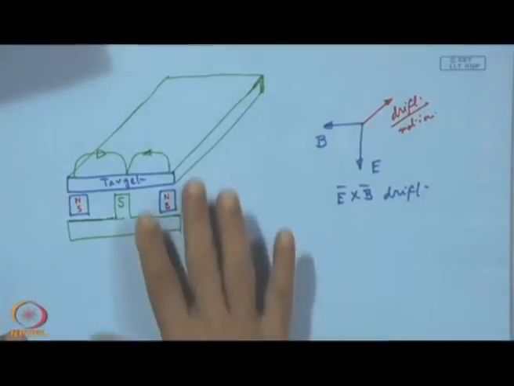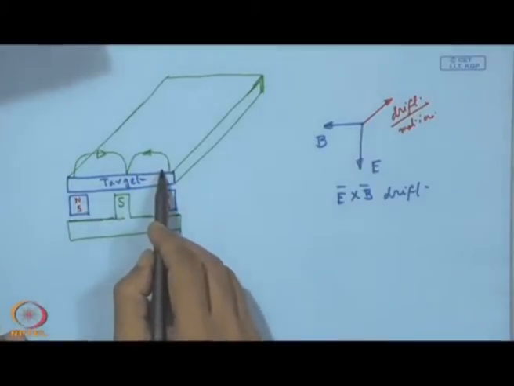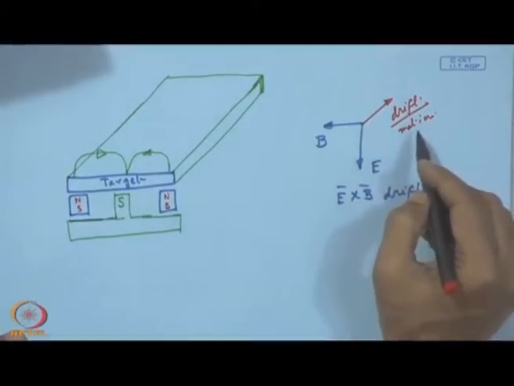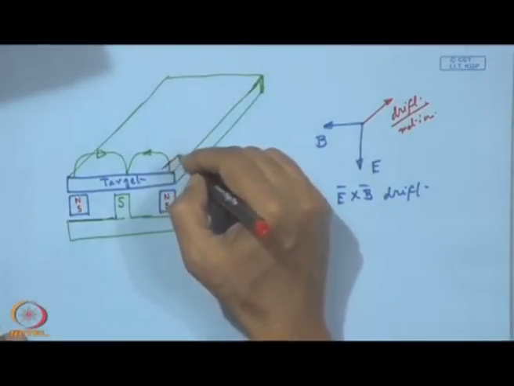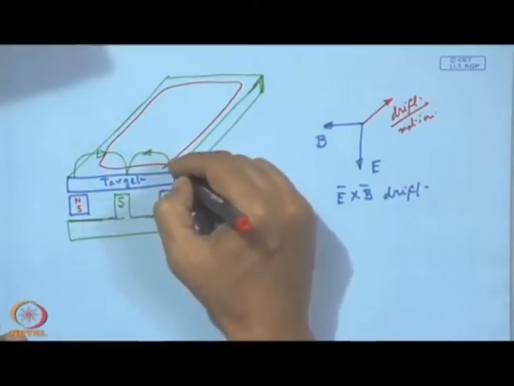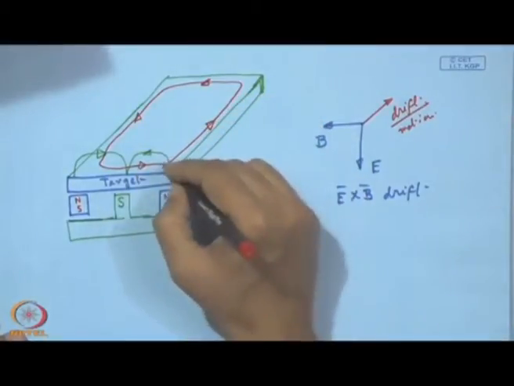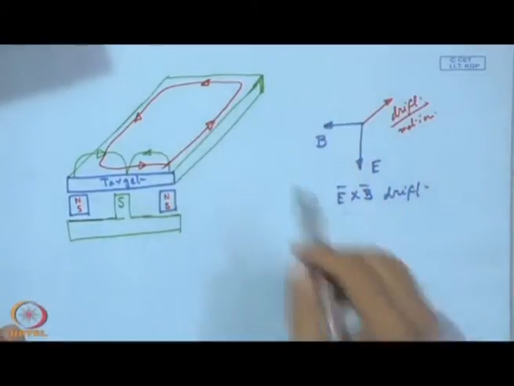These secondary electrons, in close proximity of this target, are locked and trapped, and they are forced to orbit following this drift motion. So, the electron will keep on orbiting this path, locked and trapped.